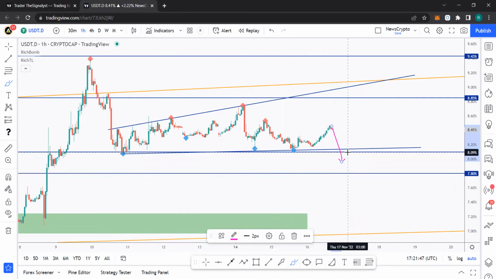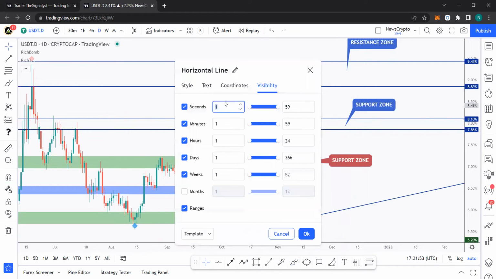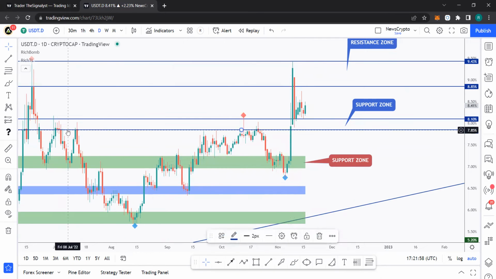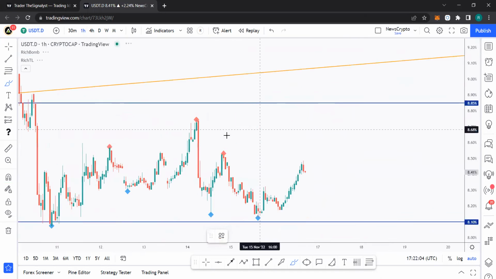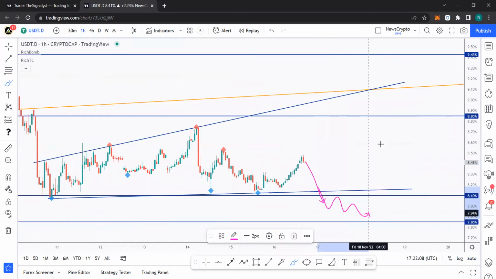But for the bears to take full control, as mentioned from daily, I would like to see a break also below the 7.8, around 7.85, the upper bound of this entire zone. I want to see a break below it, because if you break simply below the 8, which is this one here, it might be a fake out, and we might push back inside the zone.